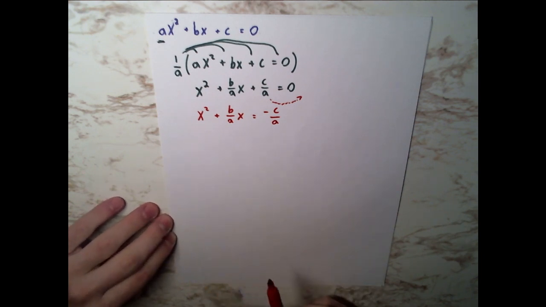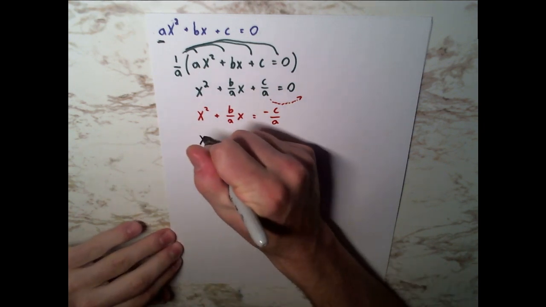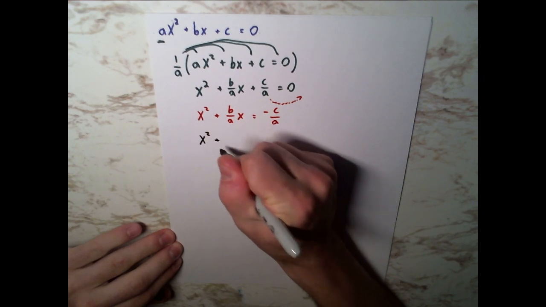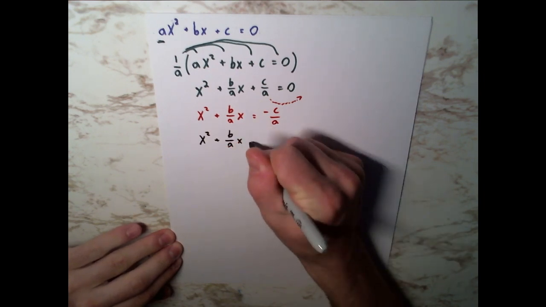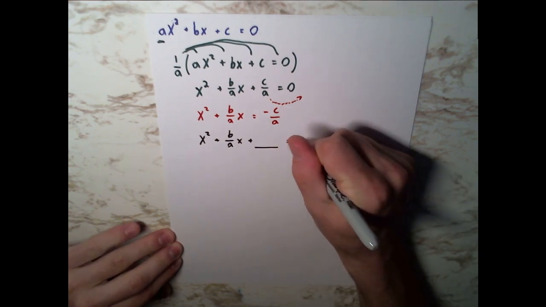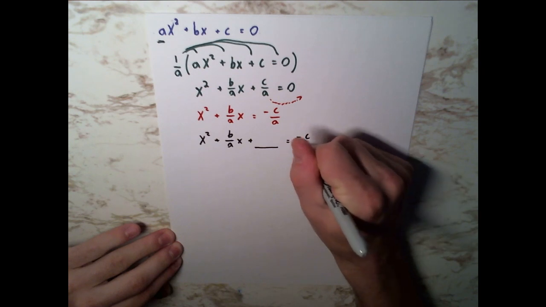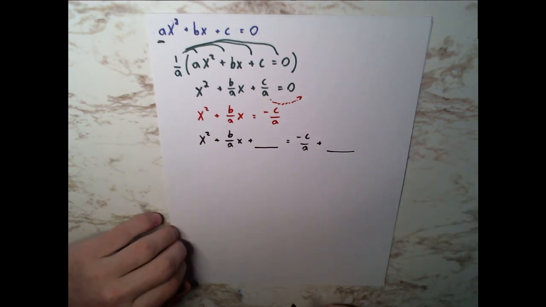So once we get here, we're going to add in our blanks. So I'm going to do that. x squared plus b over a x plus some number equals negative c over a plus some number.